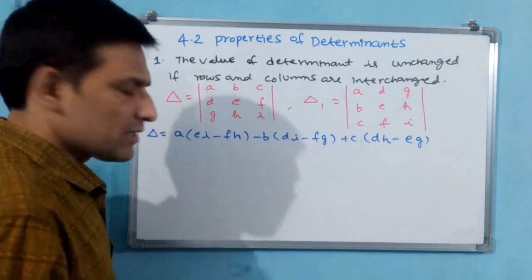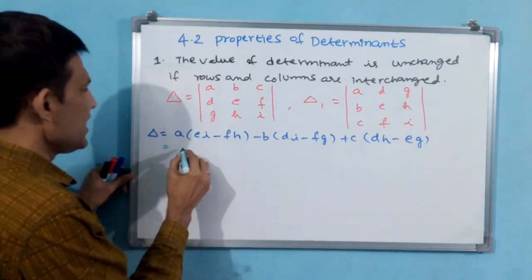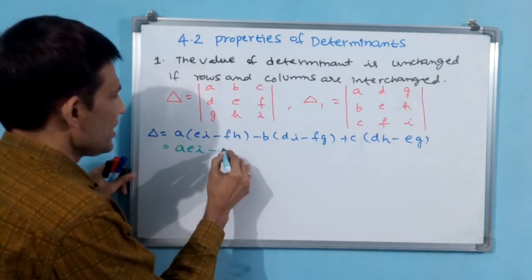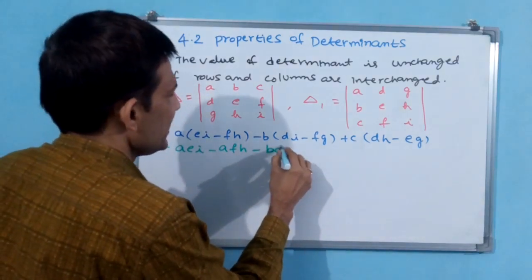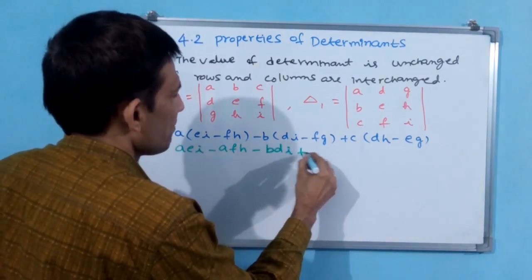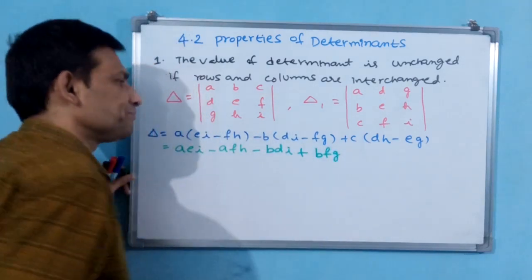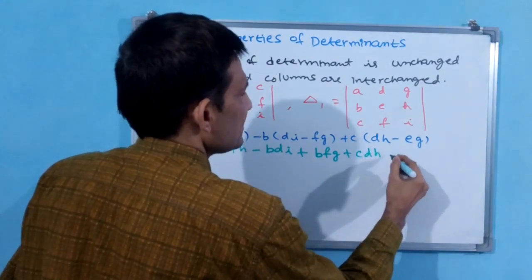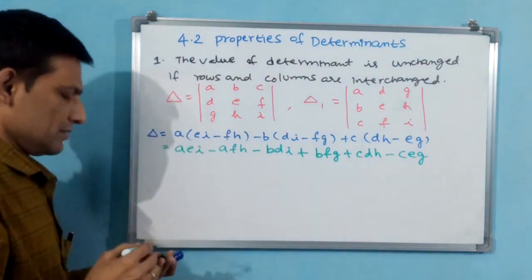Now expand. Why? Because to prove, you have to expand. AEI, AFH minus BDI plus BFG plus CDH minus CEG.